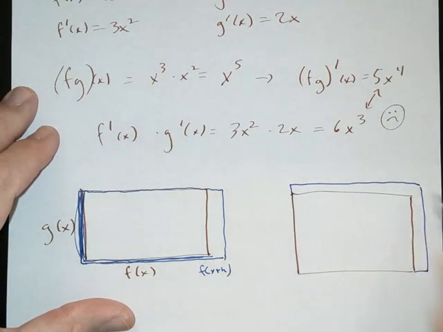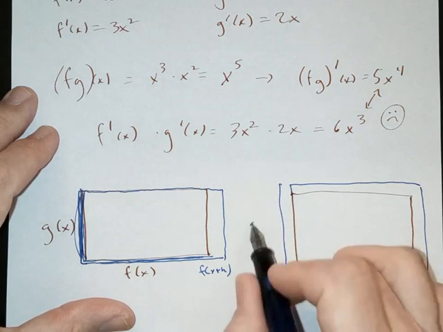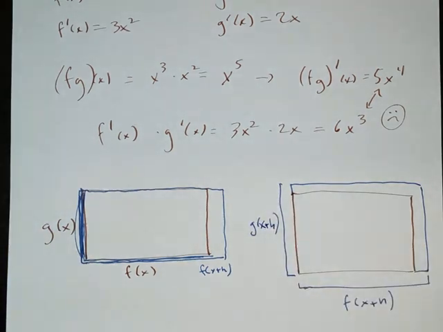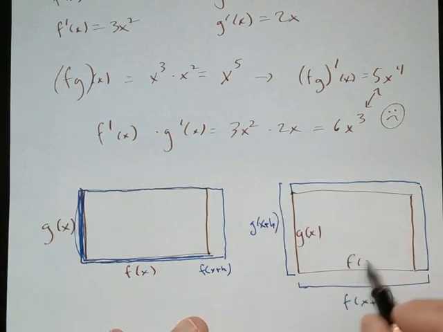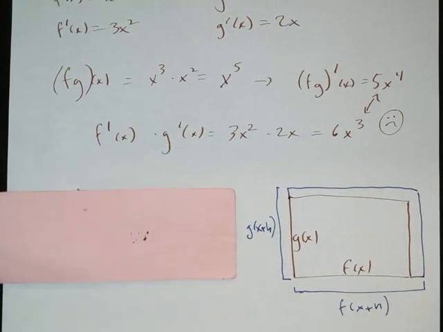So I have this little excess L shape here. So this is f of x plus h. This is g of x plus h. And the inside brown pieces, this is g of x, this is f of x. So we're going to ignore this mess over here for now.